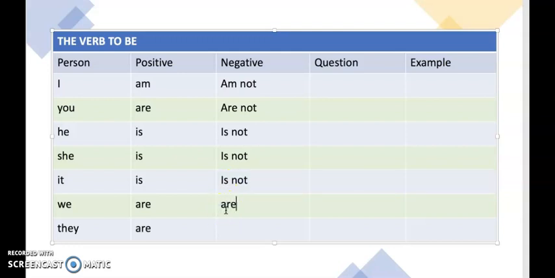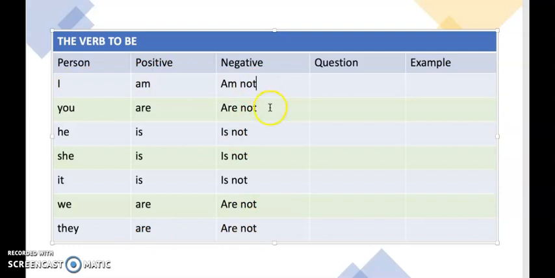We are not, and they are not. And you can see here we've got quite a lot of the same sorts of verbs. So he, she and it, you can see, are always the same. And we, they and you are always the same. The one that's different is I.